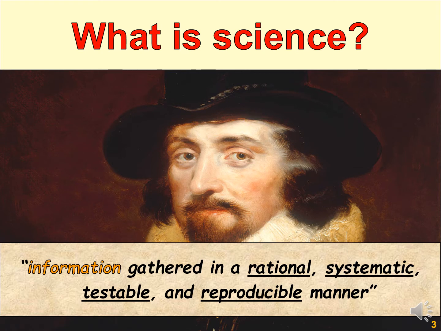Fourth, information is science if it's reproducible. That is, if you repeat the experiments, you repeat the analytical techniques, you come up with the same answer within a range of statistical error. So information that is called science is rational, it's systematic, it's testable, and it's reproducible. If it doesn't have those four characteristics, it may be very useful to policymakers, but it's not science.